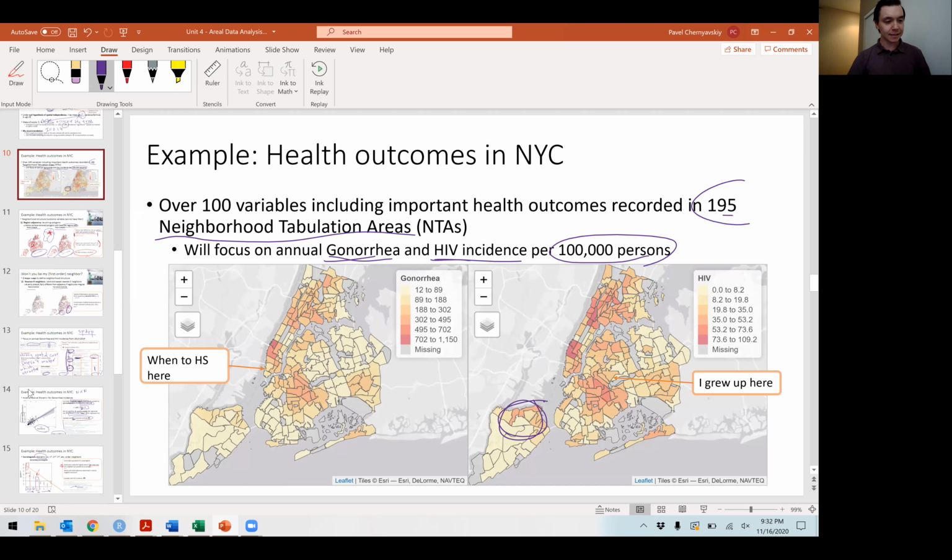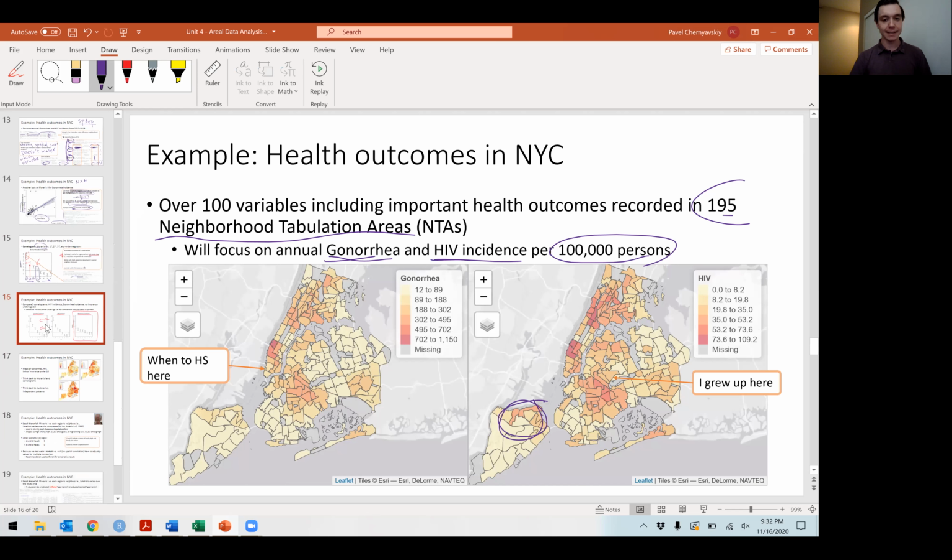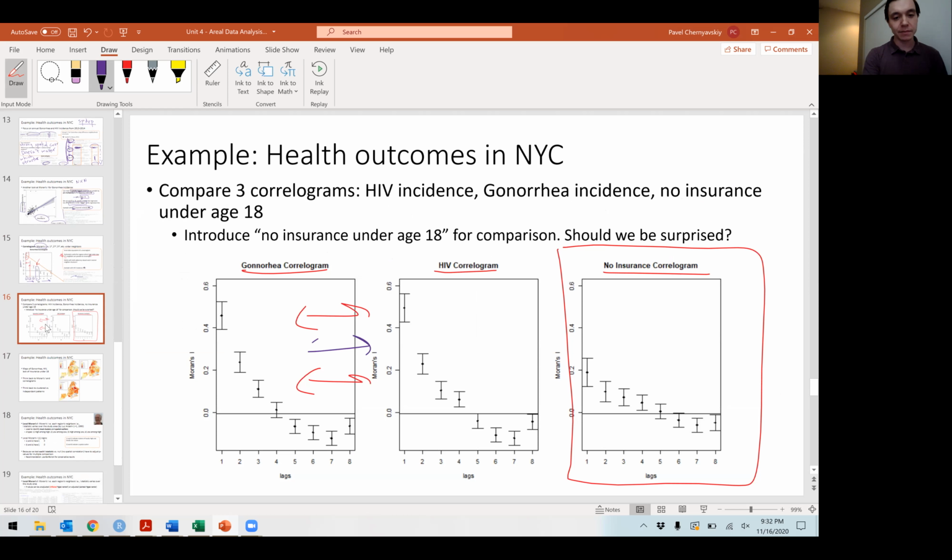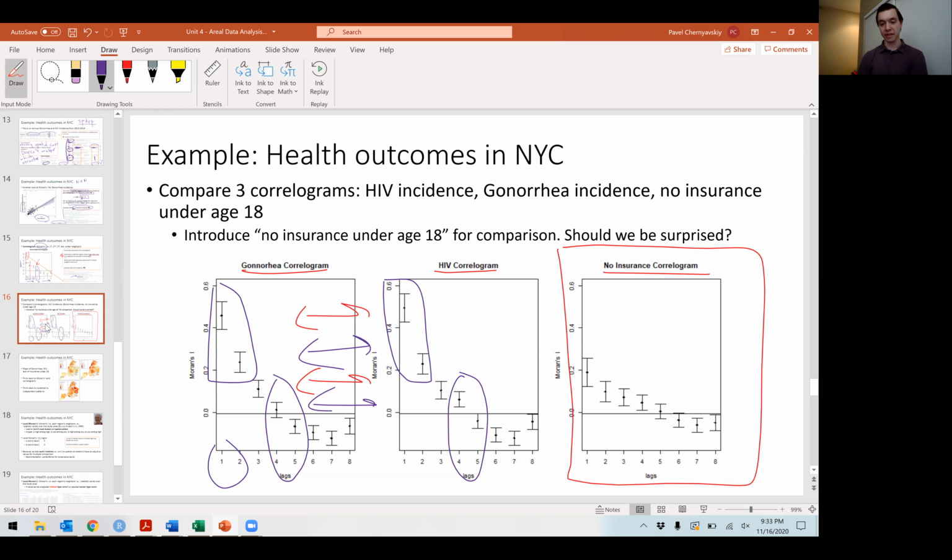And that is really nicely reflected in the similarity between their correlograms. It takes around the fourth or fifth order neighbor for both of them for the Moran's I to go to almost zero, but they both tend to be fairly strongly, moderately correlated at first and second order neighbors.